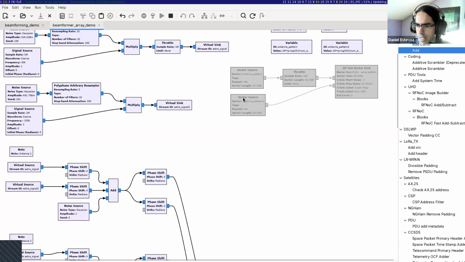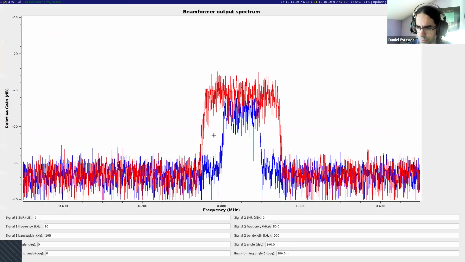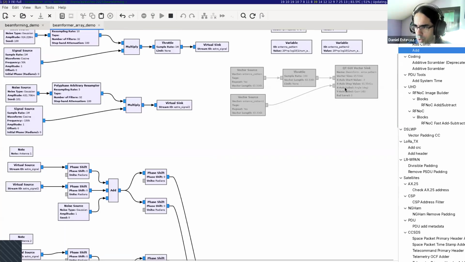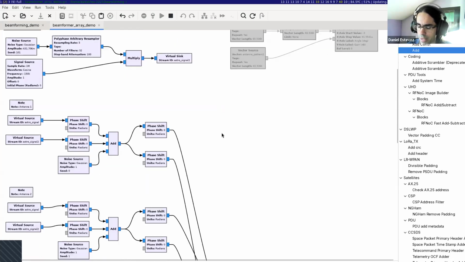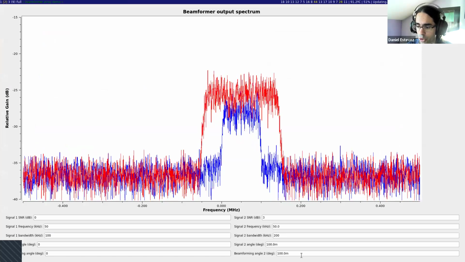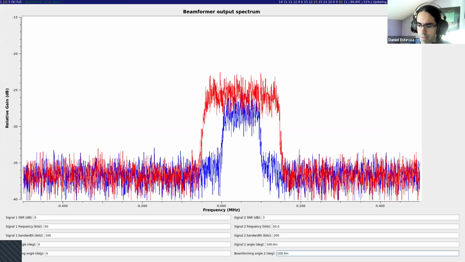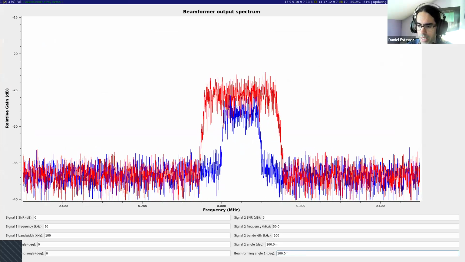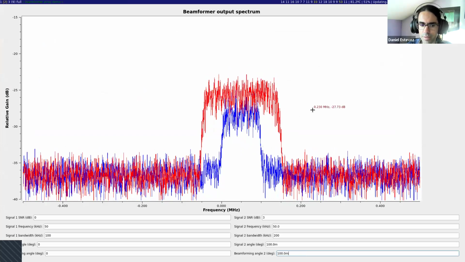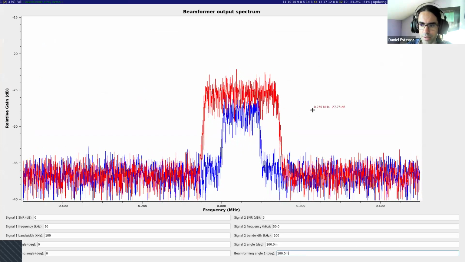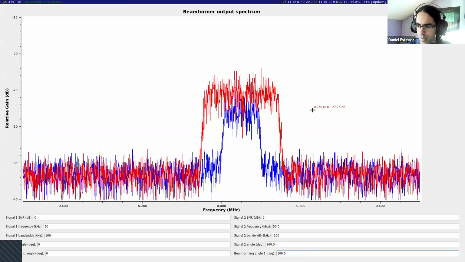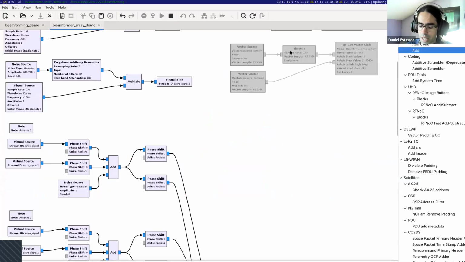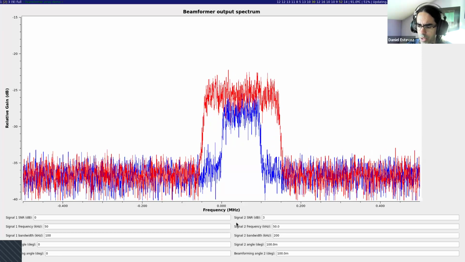So it depends on that, and it depends on the number of antennas. To answer that question better, I'm going to go ahead with this one and show you how it looks. But for this particular beamformer, you can see that if they are at least 0.1 degrees apart, we can separate them perfectly. This is for this particular choice, and I can give some formulas when we look at this. This is the antenna pattern, which will make things clearer.